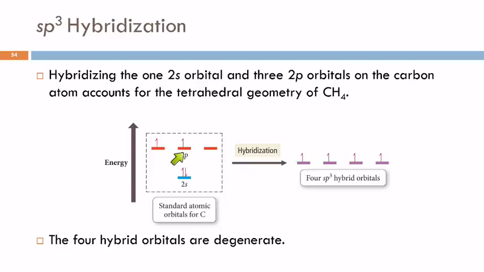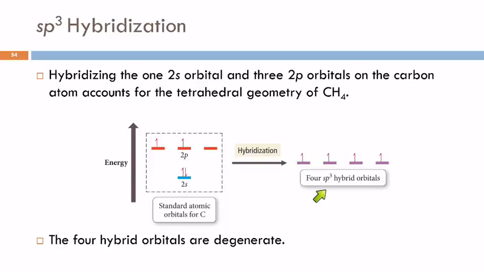These are degenerate orbitals. When we hybridize these, we're going to have 4 now-degenerate orbitals. They're all going to have the same shape and the same energy, but they're oriented in space differently, just like the p orbitals were. So these are 4 degenerate orbitals.